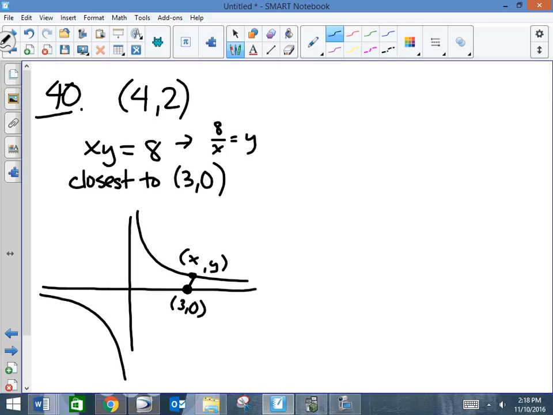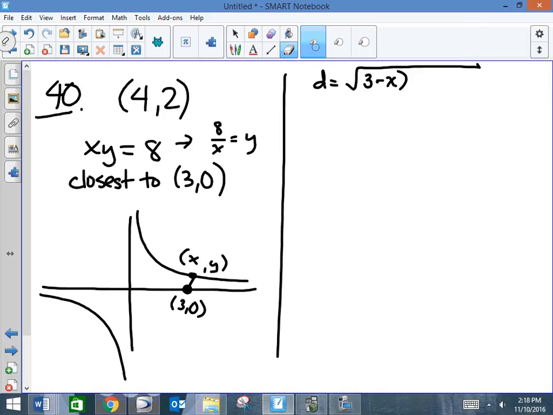X, Y. Okay, the distance between 2 points, remember, is the radical of parentheses x minus 3, squared, plus parentheses y minus 2, squared. I'm trying to do that one. x minus 3 squared plus y minus 0. All right.